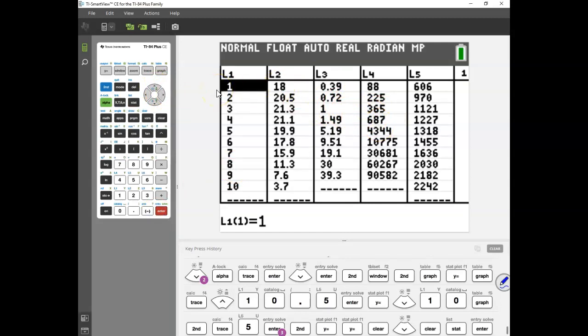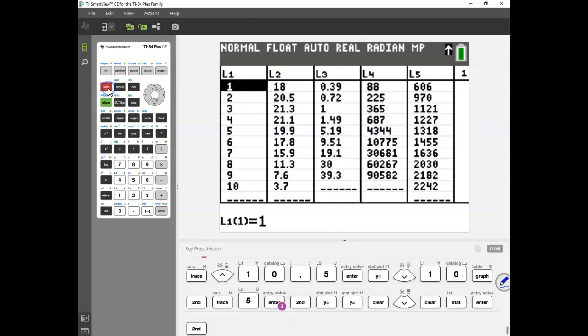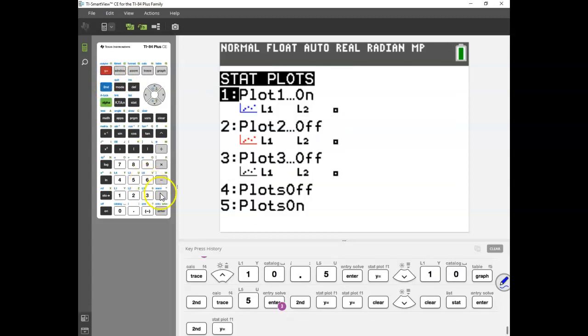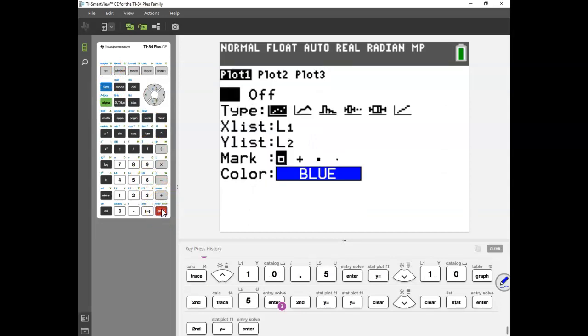So the next thing I want us to do together is look at the scatter plot. Once you have your data entered, go adjust your scatter plot by going to second y equals and make sure you're graphing the right data in the right spot with the right kind of graph. Right now, I'm not going to graph the right thing. Remember, I put my data in list 3 and list 4, so I need to fix that.